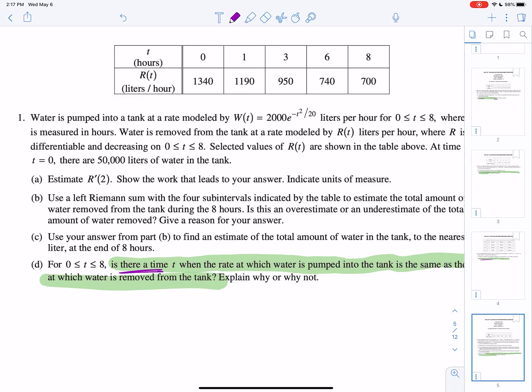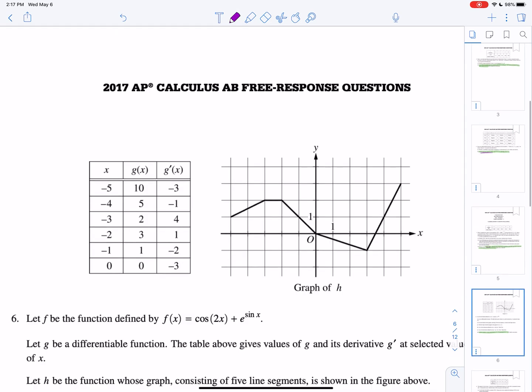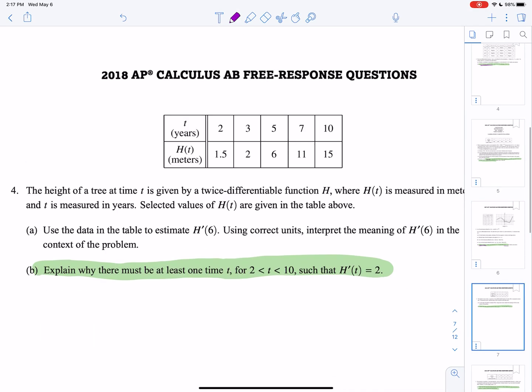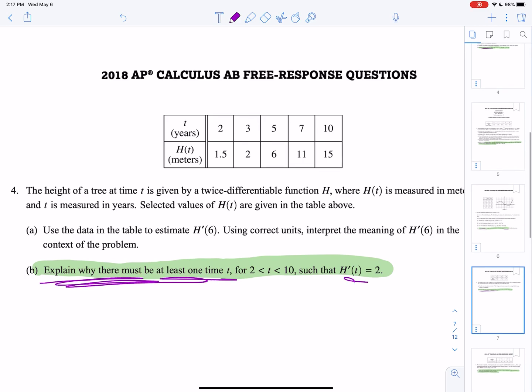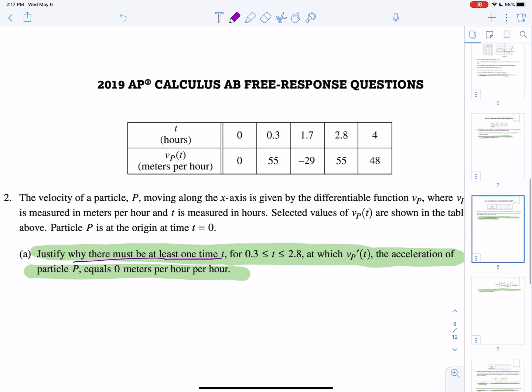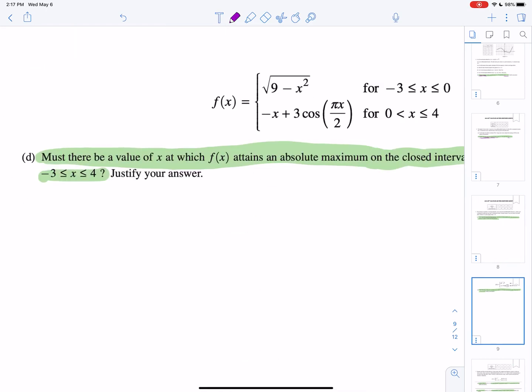Is there a time when something happens? Is there a number c such that something happens? Explain why there must be at least one moment where something happens. So justify why there must be at least one time t. So you kind of get the idea of how they're going to ask this.